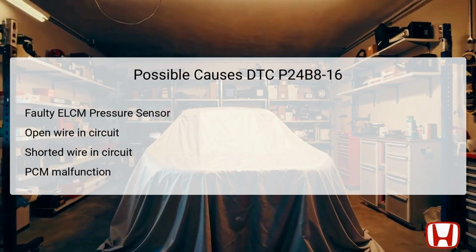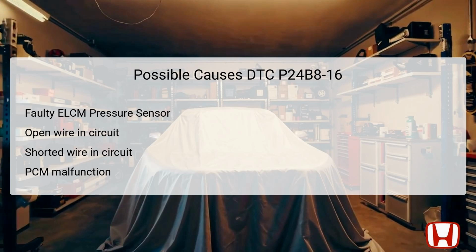Several potential culprits can trigger DTC P24B8-16. First, a faulty EVAP leak check module ELCM pressure sensor is a leading suspect, as it may not provide correct readings or might output dangerously low voltage levels. Secondly, an open wire in the circuit can cause a break in signal transmission, inhibiting proper function.